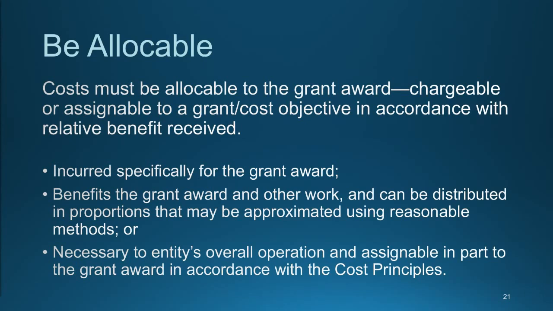Allocable is a question of whether the cost was charged or assigned to the grant award in accordance with relative benefit received. So if it's a cost that is benefiting multiple grant awards and you charge it only to the AEL grant award, that's a question of allocability. Was it charged in accordance with relative benefit received? In that case, on the surface, it sounds like it would not be, and that the grant was overcharged because it's also benefiting another grant award.